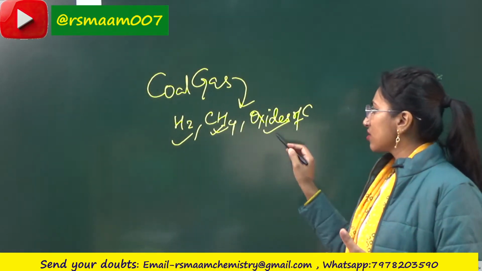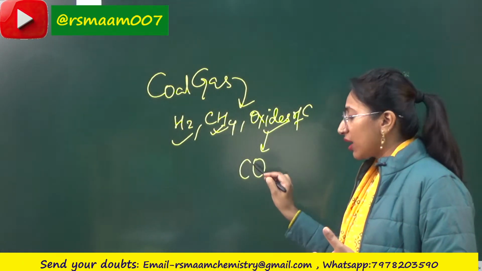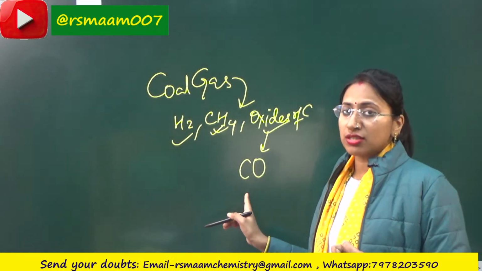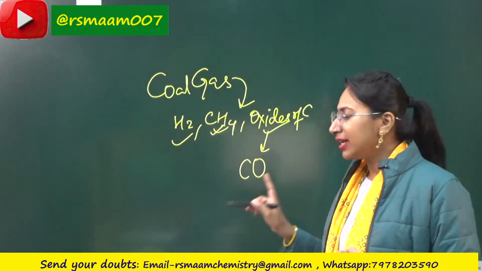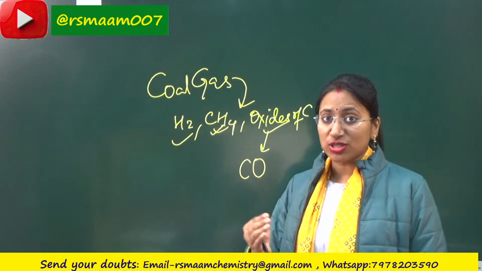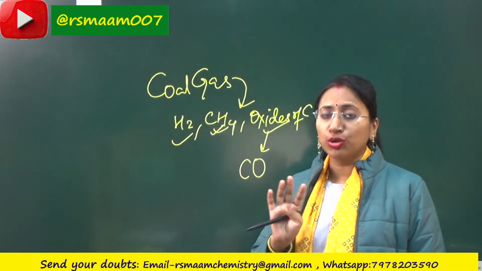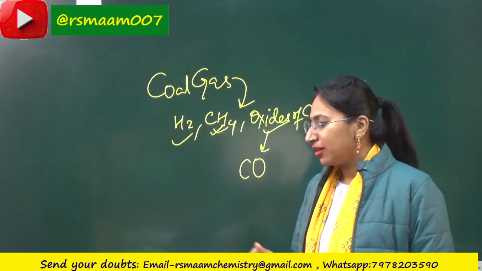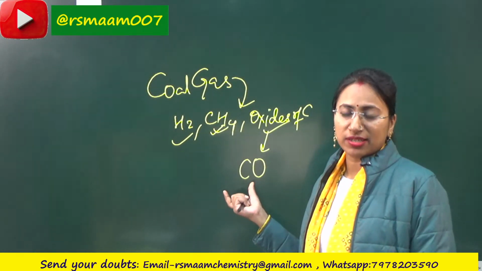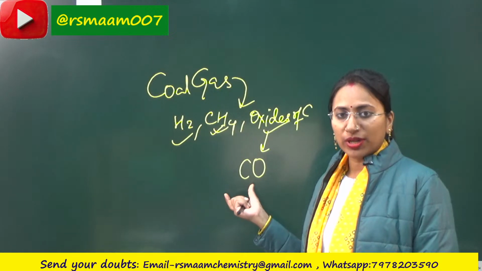So the oxide of carbon will be CO, carbon monoxide, not carbon dioxide. Carbon dioxide is acidic in nature, whereas CO is neutral. It is not acidic.